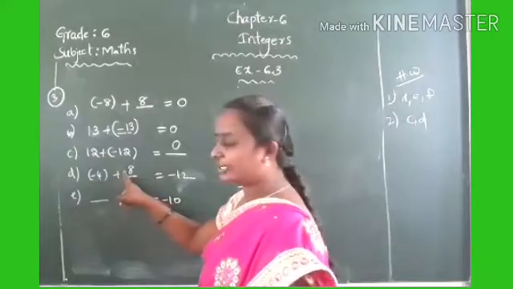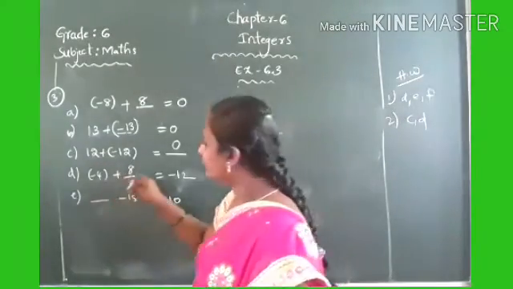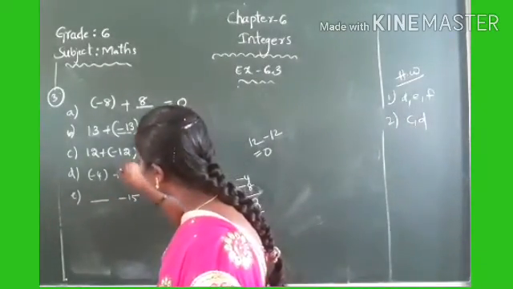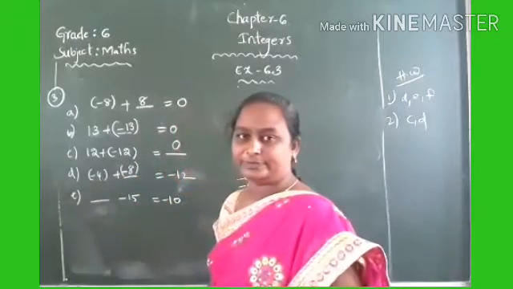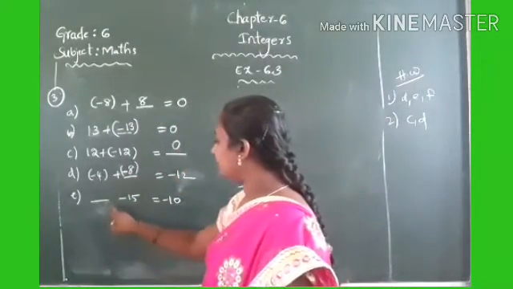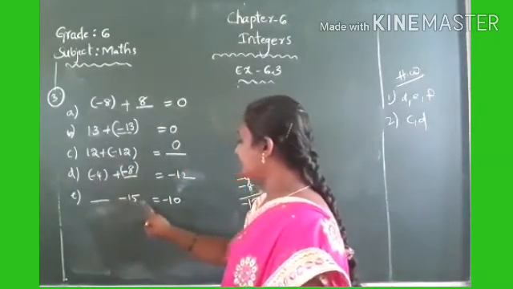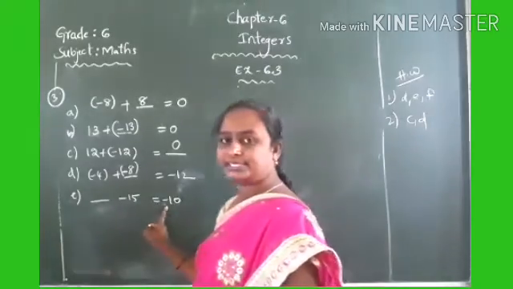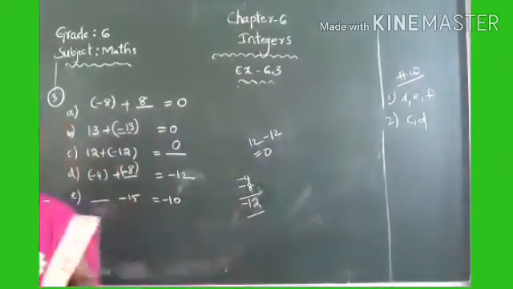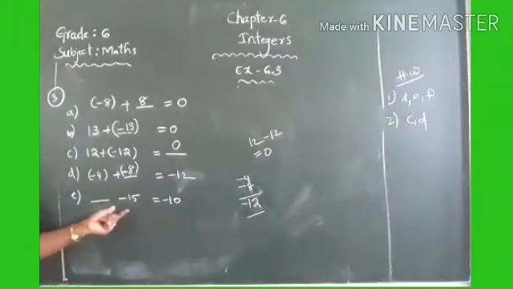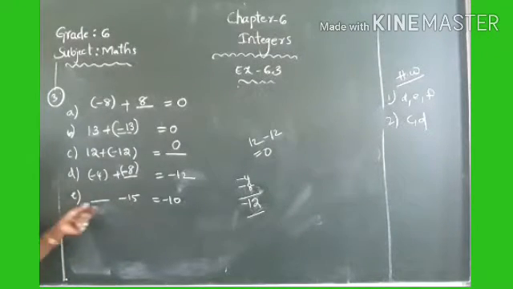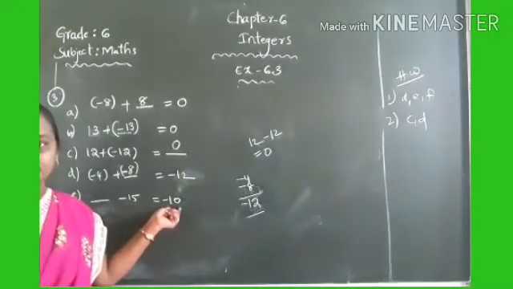Now tell me, which type of integer do you have to add here? Minus 8. Right. Here, minus 15 is equal to minus 10. So how will you get minus 10?